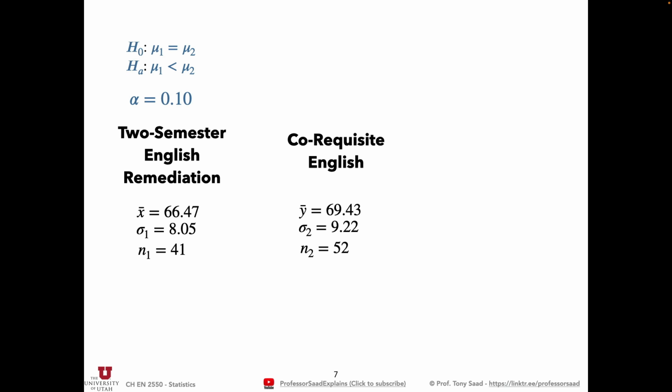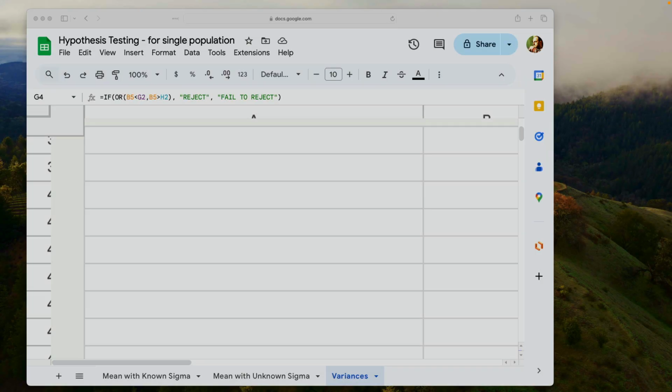Okay, that mu1 is less than mu2. Now we have these numbers: x bar for sample 1, 66.47, sigma 1, N1, and y bar, sigma 2, and N2. Notice I used y bar over here. It's the same as x2 bar. I prefer to use the x and y notation. Okay, so let's come back here.